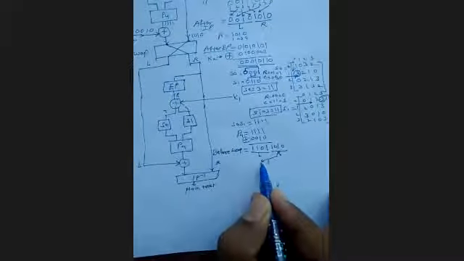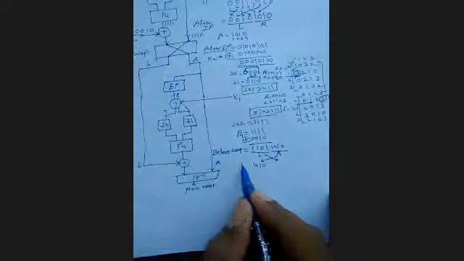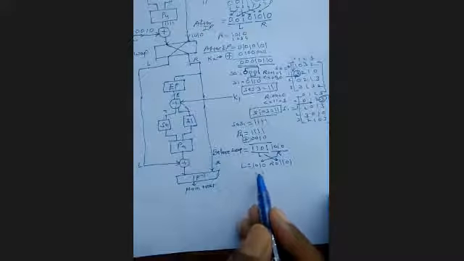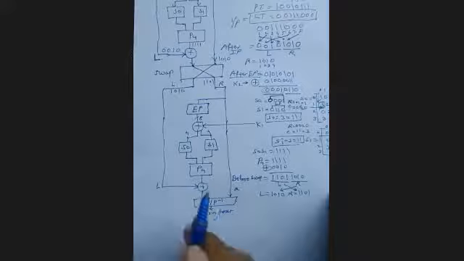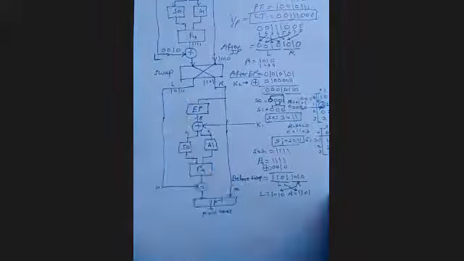After shifting in this direction and that direction, 1 0 1 0 becomes my left part, L equals 1 0 1 0, and R equals 1 1 0 1. So after swapping, the left is 1 0 1 0 and the right part is 1 1 0 1. On the top, this is my 1 1 0 1 and this is 1 0 1 0.